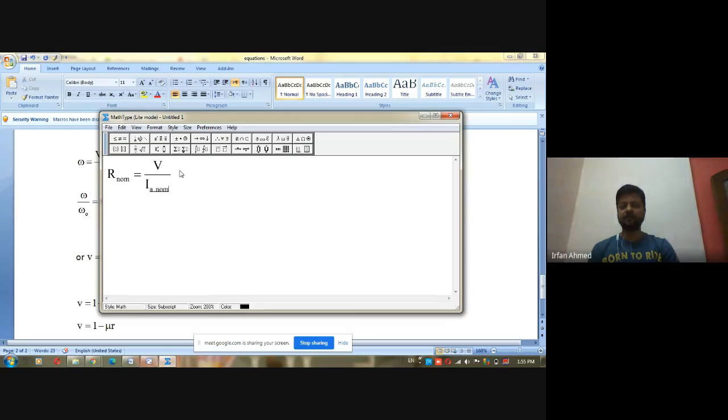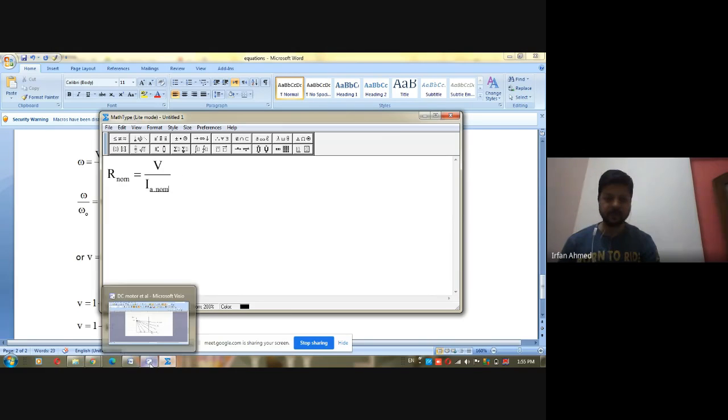How do you define this? Somebody said that nominal resistance of the motor is the resistance when the motor is running at rated speed. But that is the wrong definition.